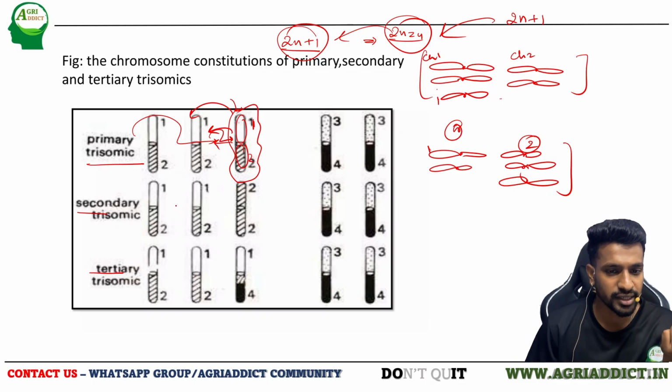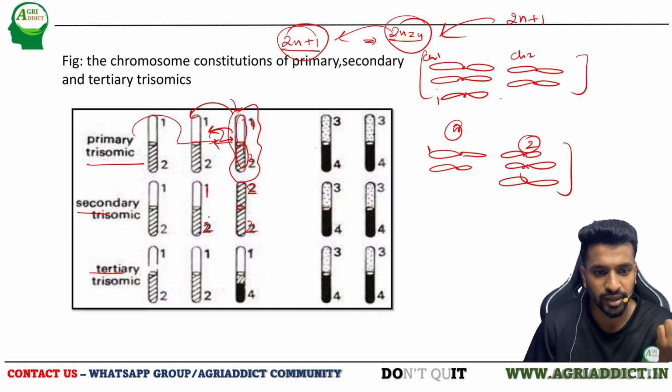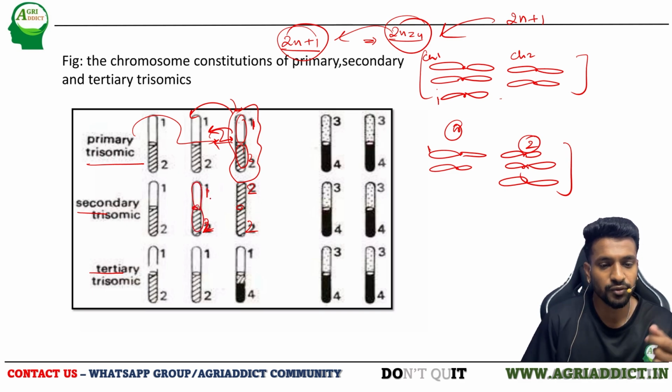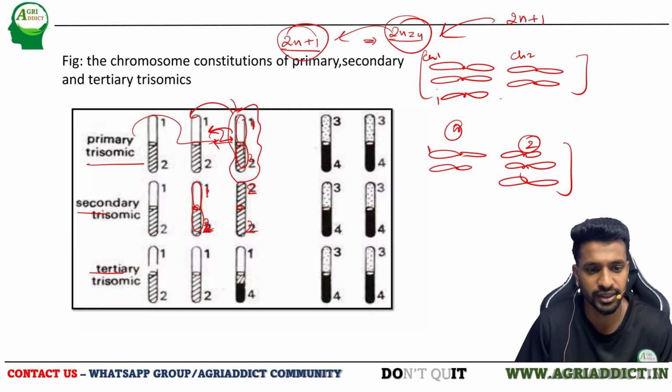In the secondary trisomics, you can see the chromosomal segment of the second part is duplicated on both the arms. In the normal chromosome complement it is 1 and 2, that means the first half of the chromosome is named 1 and the other is 2. 1 and 2 mean that they are different; to show that the chromosome arms are different, they are represented as 1 and 2.